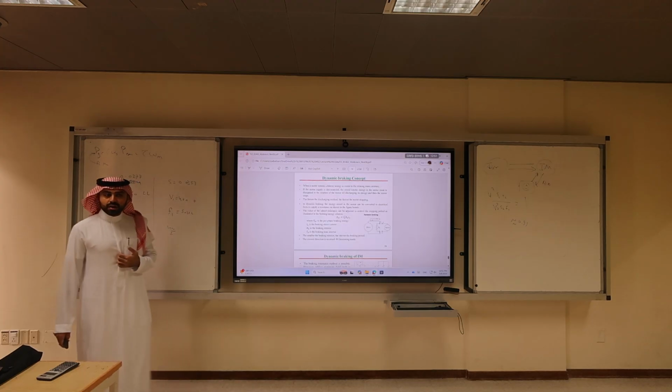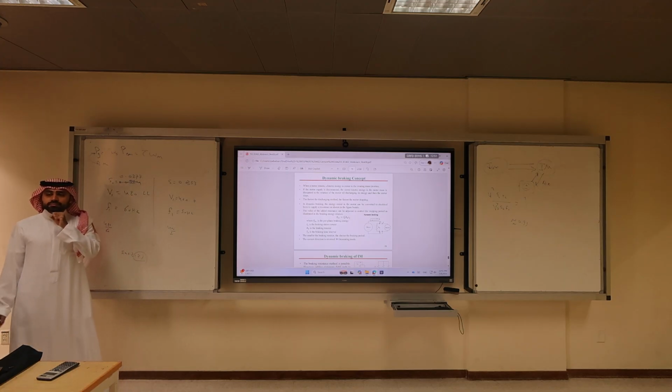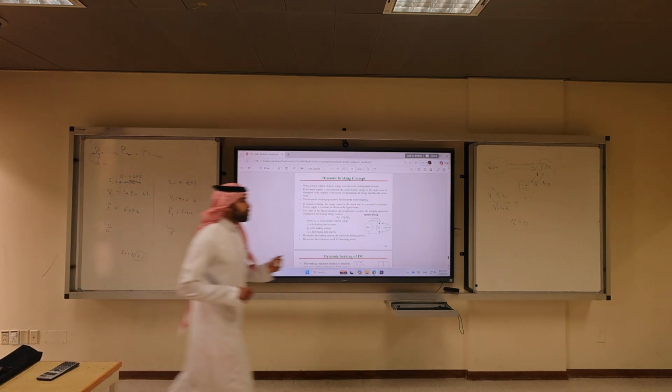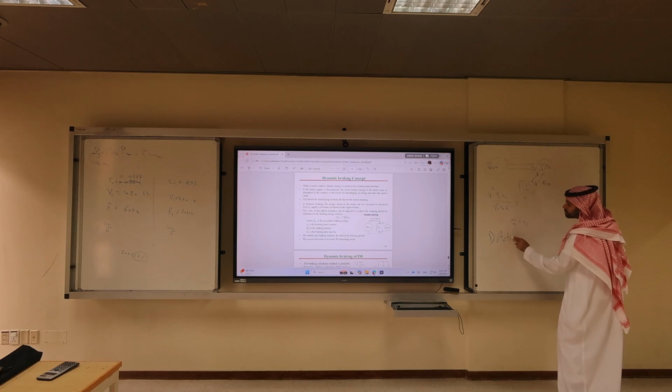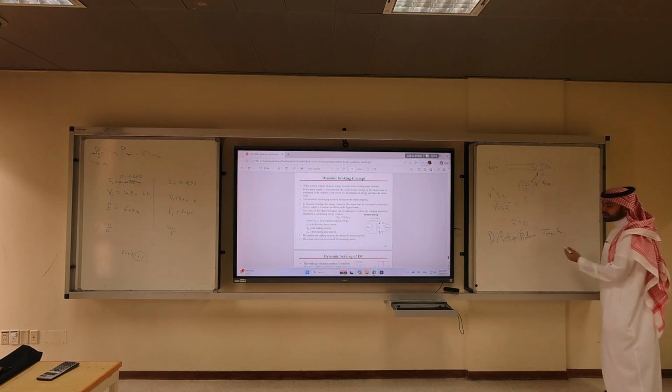Okay? So remember, regenerative braking occurs in two instances. Instance one, active loads, or bi-directional torque loads, like the car, for example.